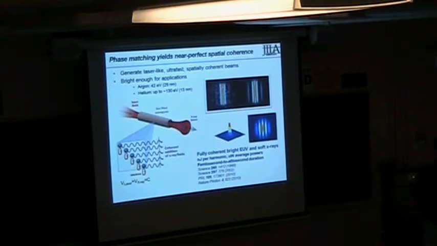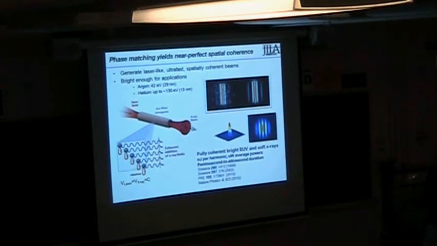And then what we can actually do is phase match the laser light with the X-ray light. And what that results in is the coherent addition of the X-ray fields that are generated. And now we have this large phase matched source which has very, very nice spatial properties.